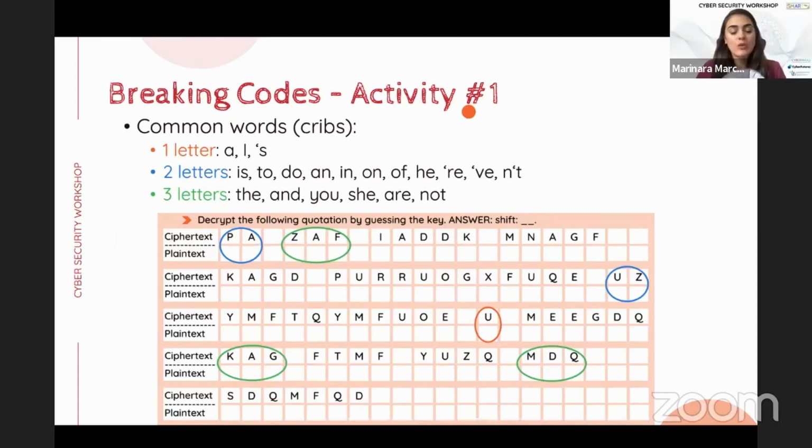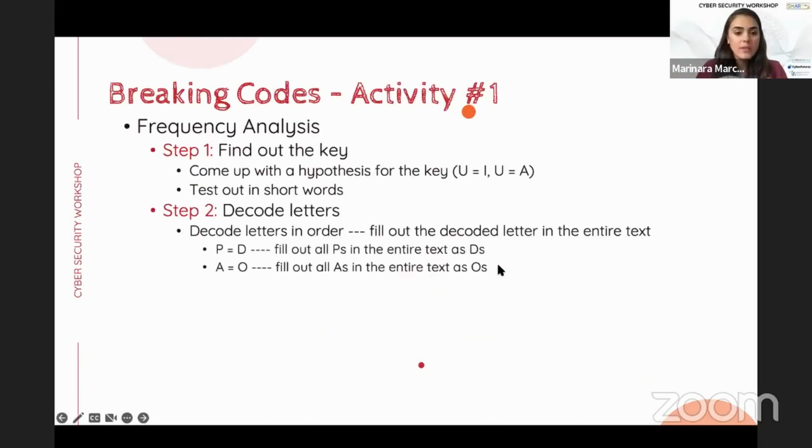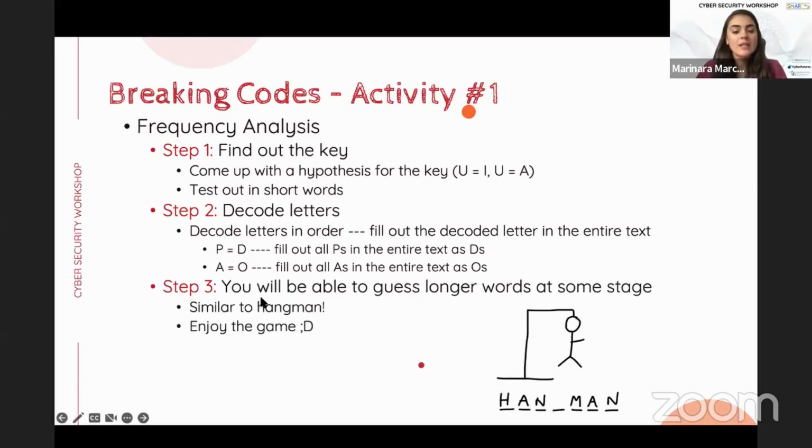So P would be D, and A would be O. But yeah, D and O, that could work, right? D and O, it's a word in English, isn't it? Do. Yeah. So, okay. You're going to see that in step 3, you'll be able to guess the longer words at some stage, so it's kind of similar to hangman, where you're guessing what the letter is and seeing if that works out.